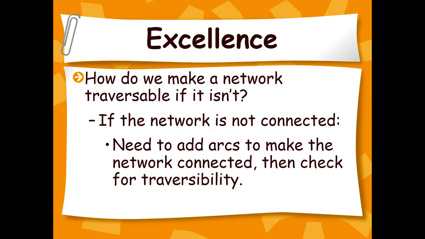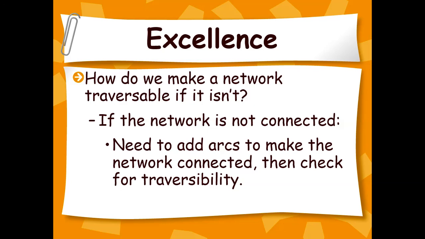So, a quick bit of more information for students aiming for excellence. What do I do to make the network traversable if it isn't? That problem we just did with the 7 bridges of Koinsberg is not traversable. How could I make it traversable?